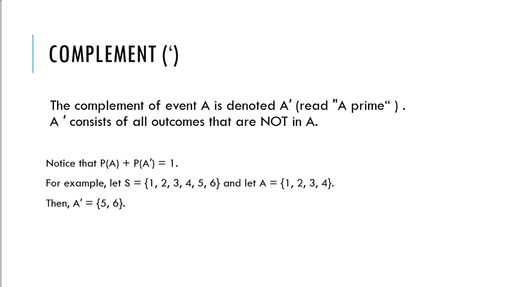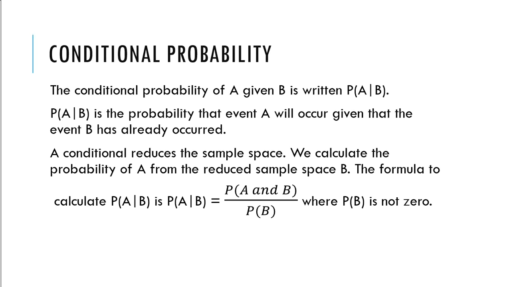For example, let S be 1, 2, 3, 4, 5, 6, and A is 1, 2, 3, 4. Well, what in S is not in A? That would be 5, 6. So the complement of A is 5 and 6. Remember, event A plus the complement of event A equals 1 because you need to account for everything in the sample space.